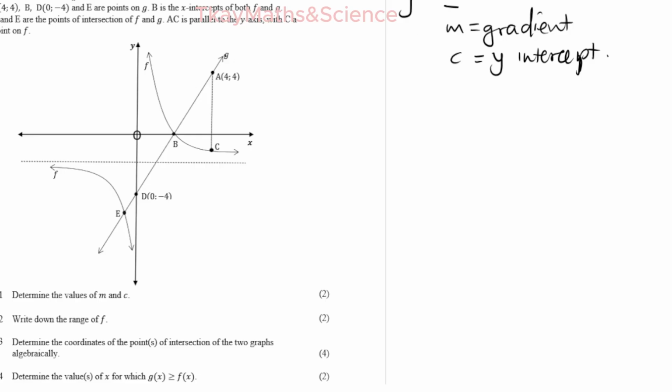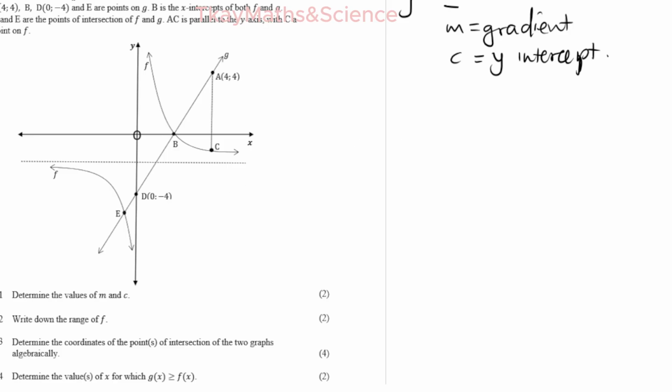If we look at this line here, we got 2 points. If we have 2 points, we can calculate m. We got the point A here on this line G, and this point D, where it is crossing the y-axis, where x is equal to 0 and y is equal to minus 4.